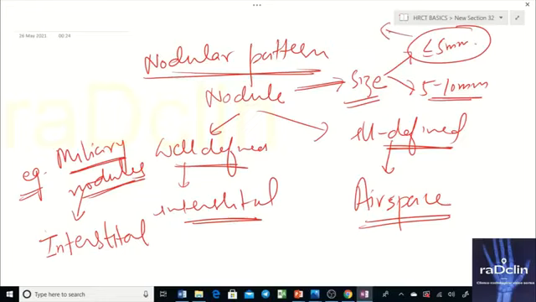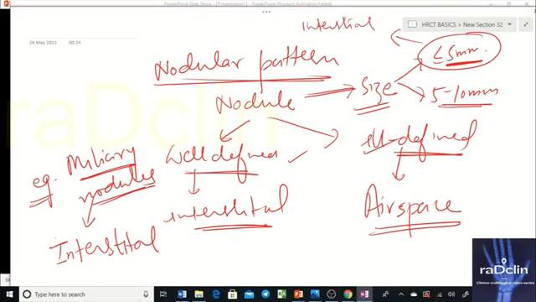Even if you have small nodules less than 5 mm, it doesn't matter whether it is well defined or ill defined. It matters only in large nodules, more than 5 mm. If it is less than 5 mm, the interstitial abnormality is always there.